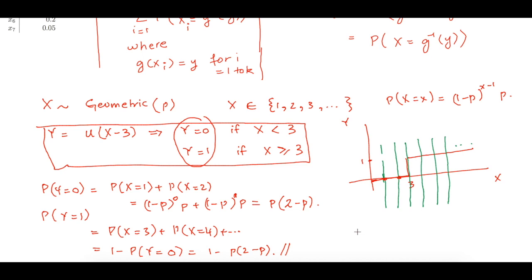So what we did was we split our situation into two cases in which we have g of x is one-to-one and when g of x is many-to-one. And then we said how can we calculate the PMF of y in both these cases. And then we illustrated this by an example.